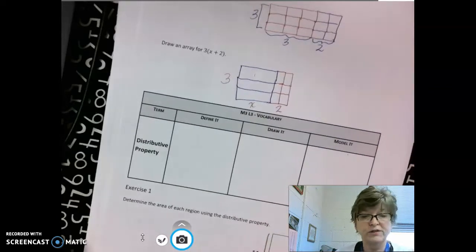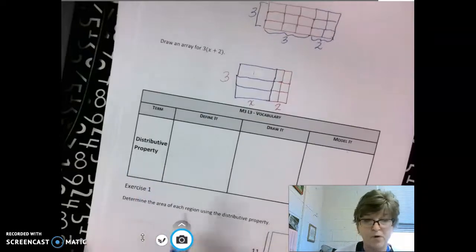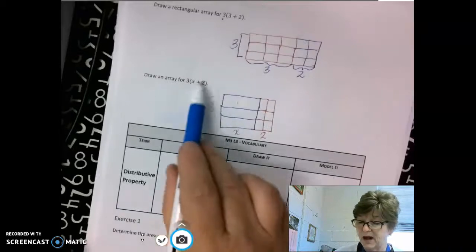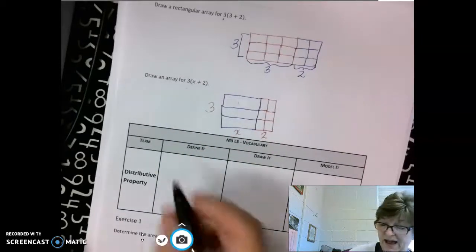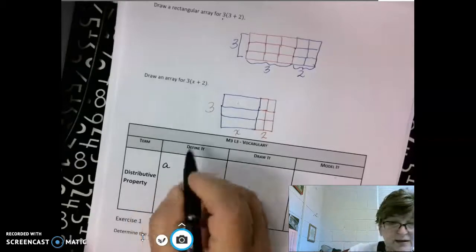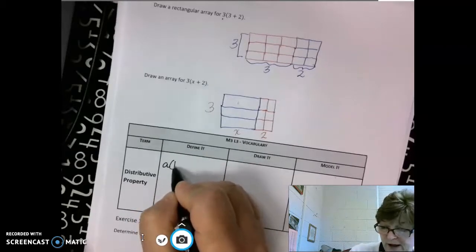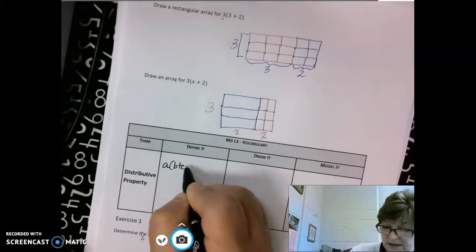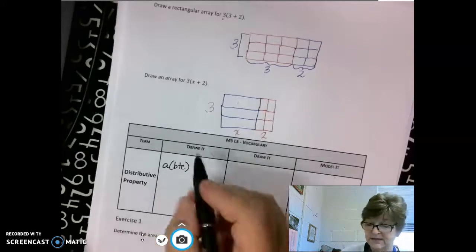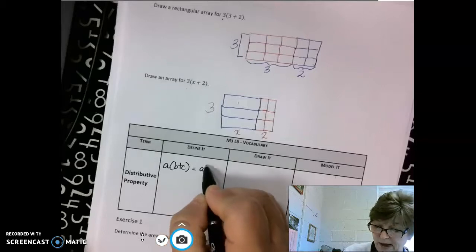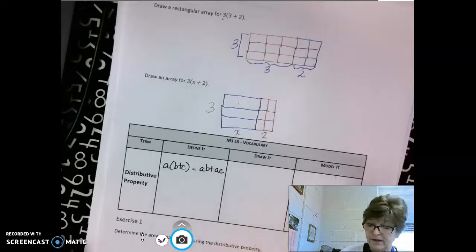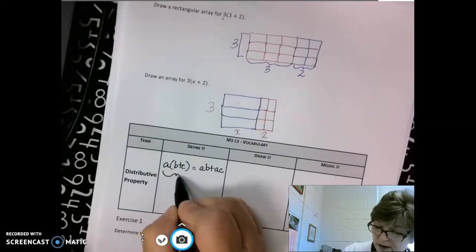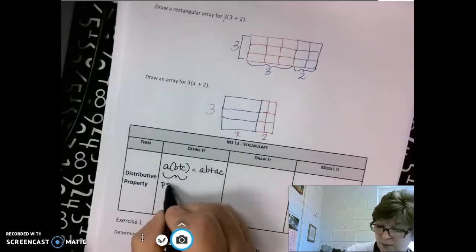So now, when we look at those, that leads us to think a little bit about the distributive property and what these combinations stand for. The distributive property is defined as A times (B plus C) is equal to AB plus AC. Notice that this is a product. It's a product because it's a multiplication problem.